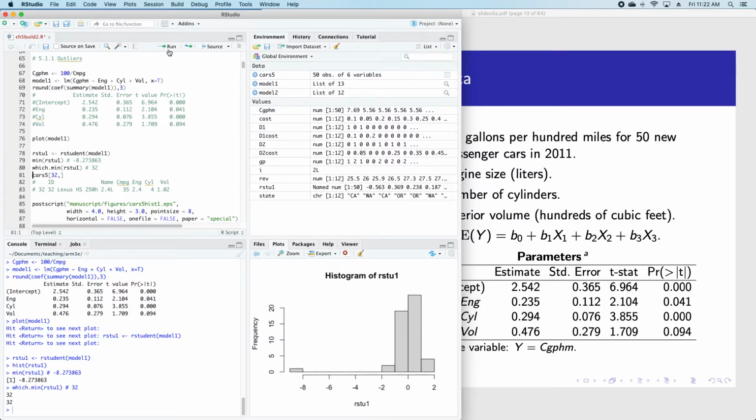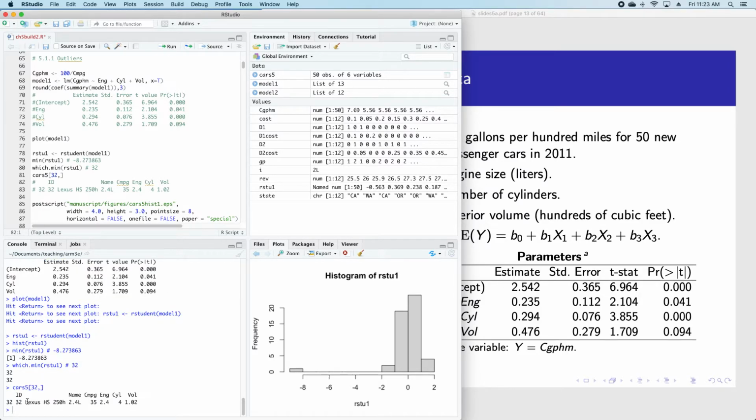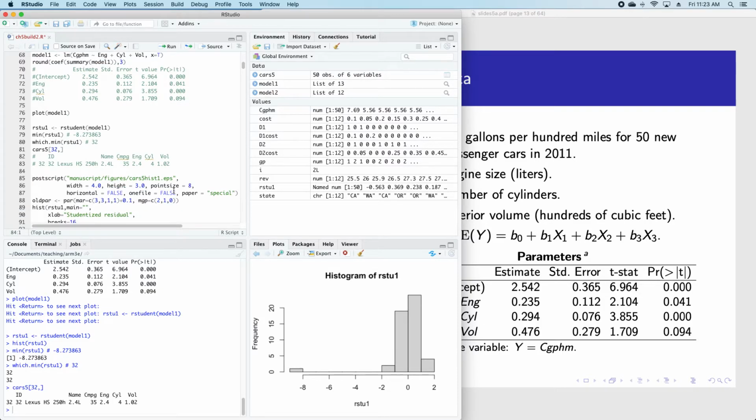We'll just confirm that it is car number 32. What is car number 32? It looks like it's a Lexus HS250H. So this particular car is an outlier in this model. So what's going on here?